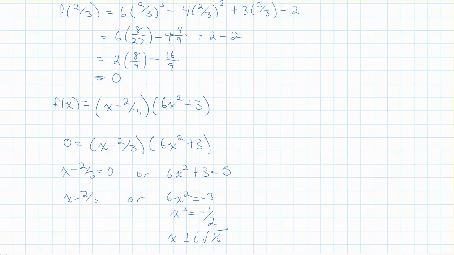And so that's what it would be for the others. Again, notice that this is a conjugate pair, since complex zeros occur in conjugate pairs. Okay, so this wraps up our discussion on zeros of polynomials.